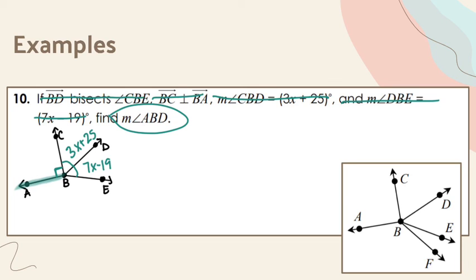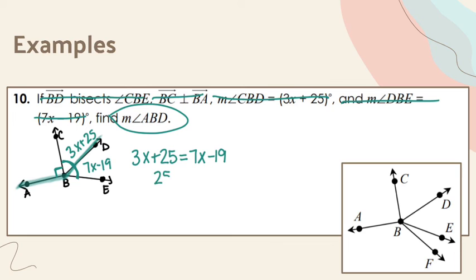So we have seen that when we bisect an angle, these two are equal to each other. So we can actually just set those equations equal to each other. So 3x plus 25 equals 7x minus 19. And now we can solve for x.